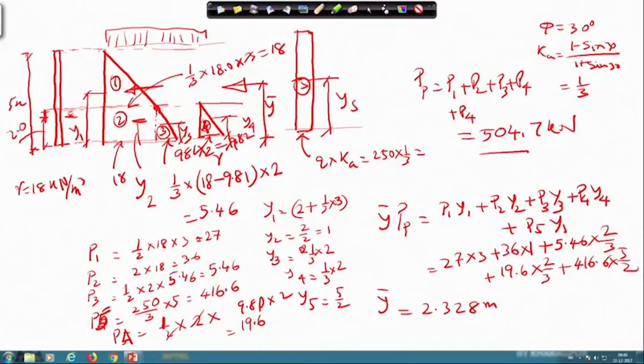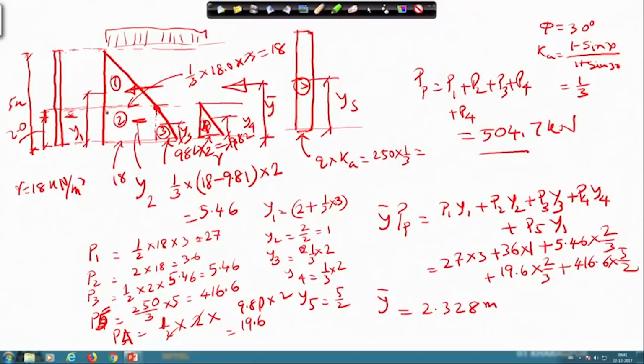So, what you have to do is draw the earth pressure diagram for the soil first, then for the water, and then for the surcharge. How to use them I have already discussed. When there is a surcharge, simply multiply by the coefficient of earth pressure, and that will be constant throughout. For finding earth pressure, you first find the effective stress at any depth and then multiply by the active earth pressure coefficient.